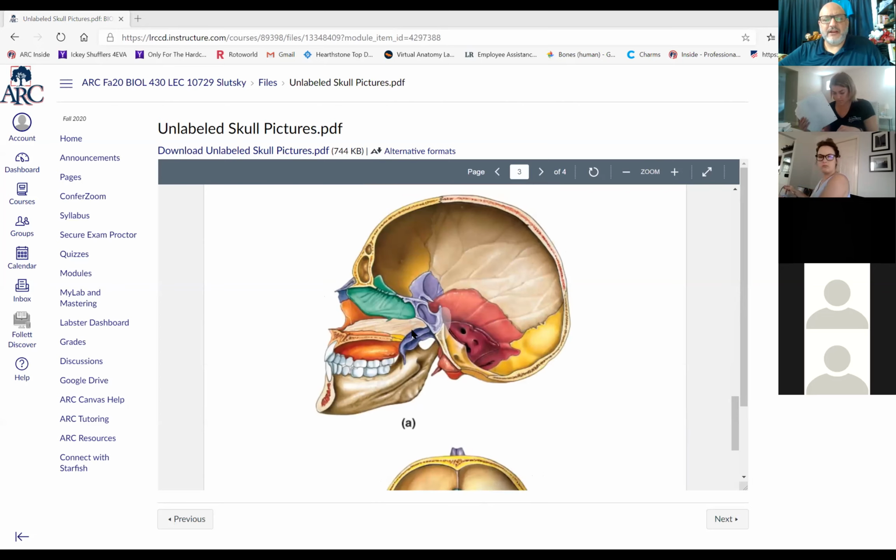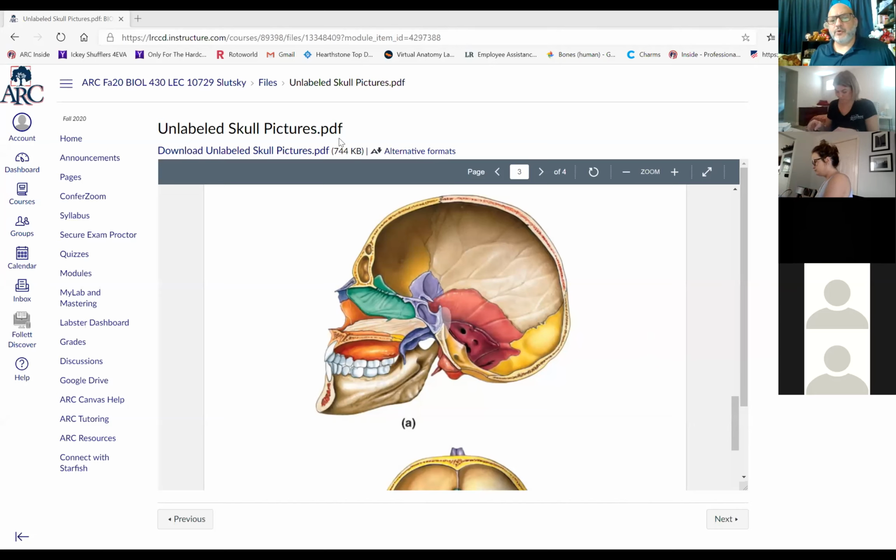This white bone right here in a sagittal section of the skull, that is our vomer. So if I used a picture of a skull cut in this cross section and had an arrow pointing here, do you need to be able to identify this bone? Yes. Absolutely. But do you need to know any of its bone features? No.